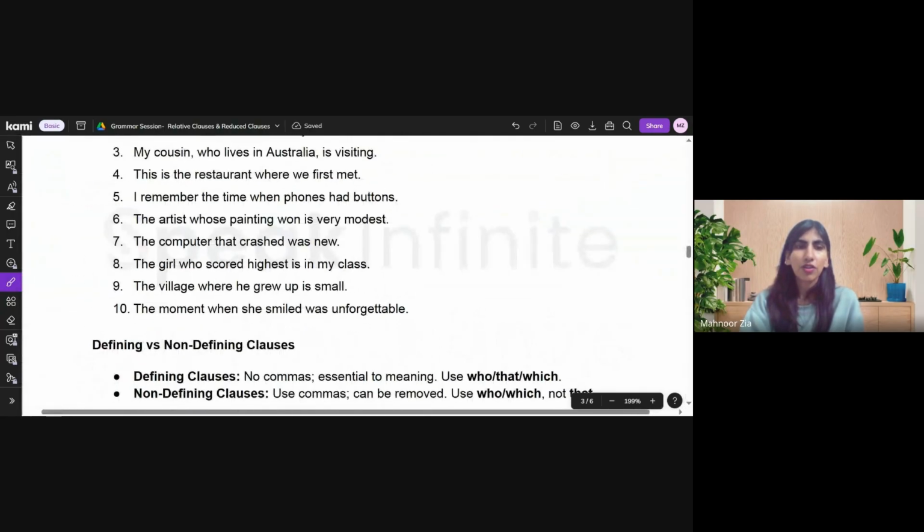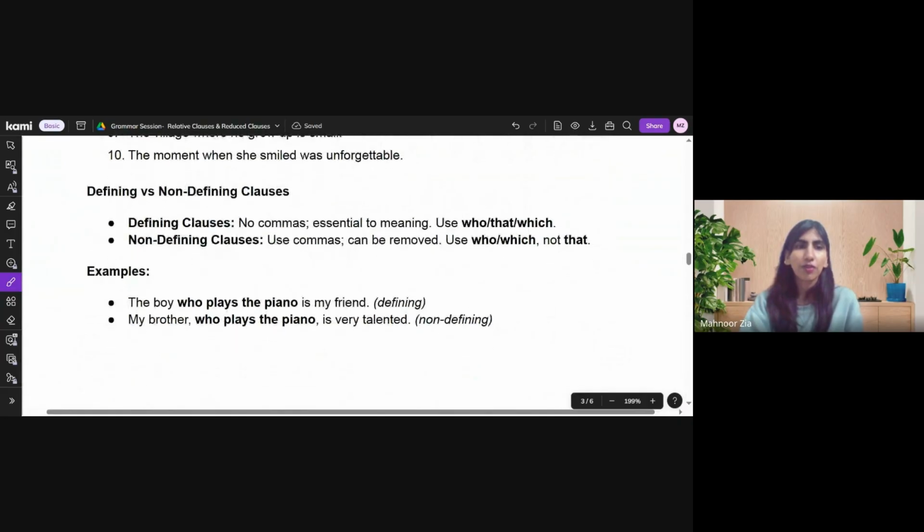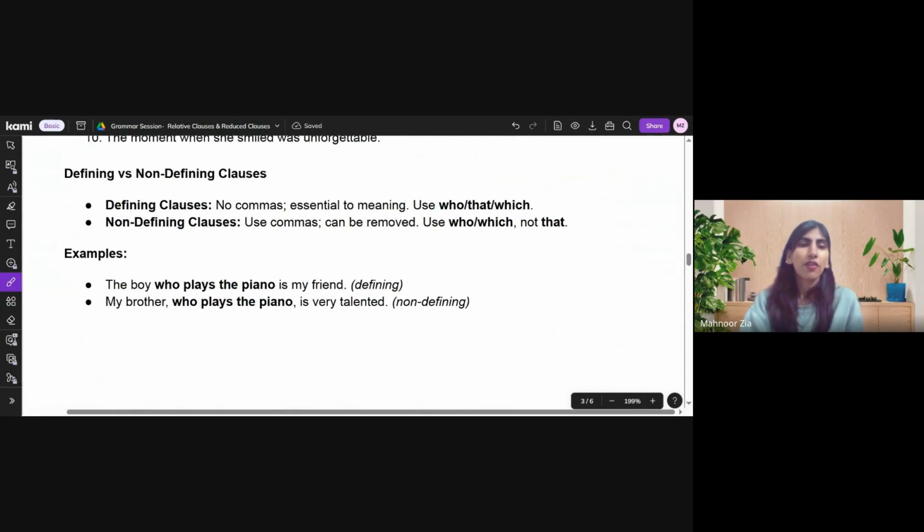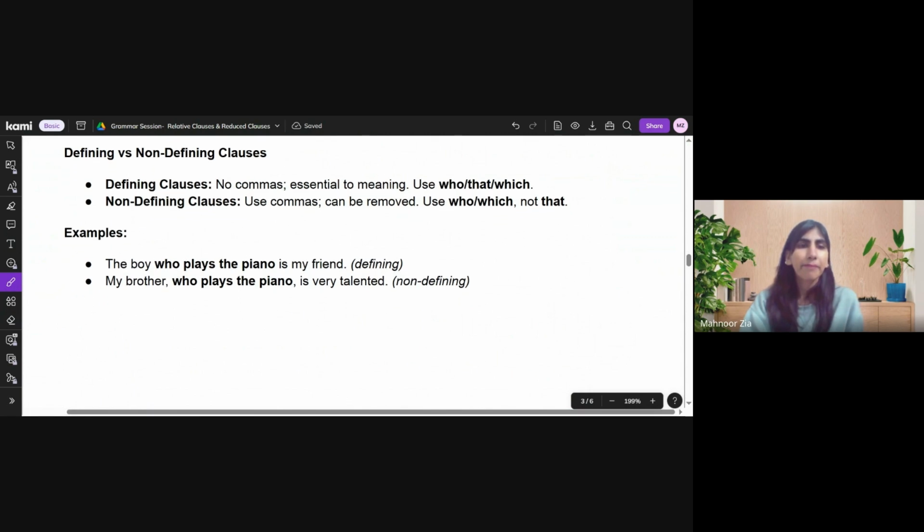I think because of the shortage of time, we're going to just move ahead with the description and not the interactive passage for now. So, let's understand again the basic difference between defining and non-defining. Defining clauses: no commas, essential to meaning, use who, that, and which. Non-defining: we use commas, can be removed, use who, which, and definitely not that.